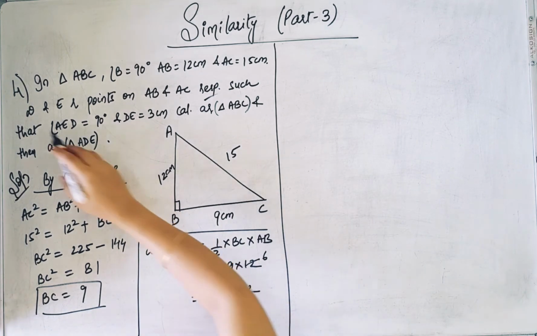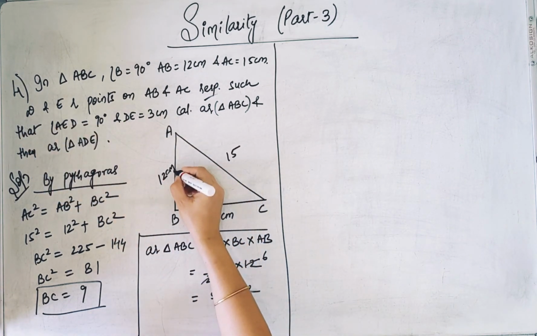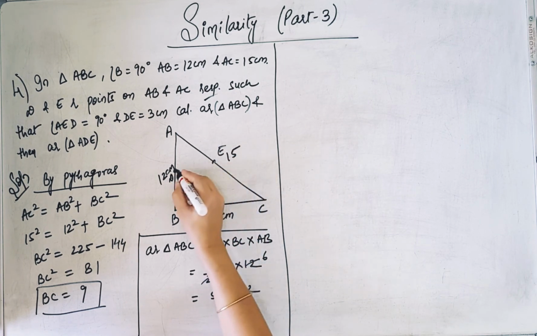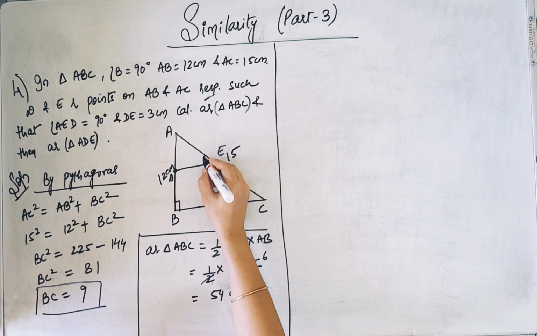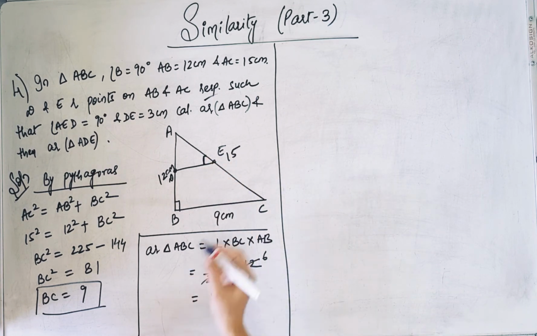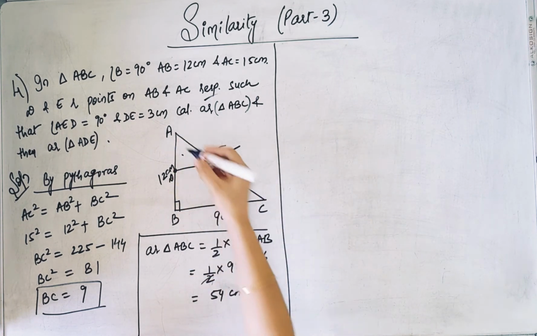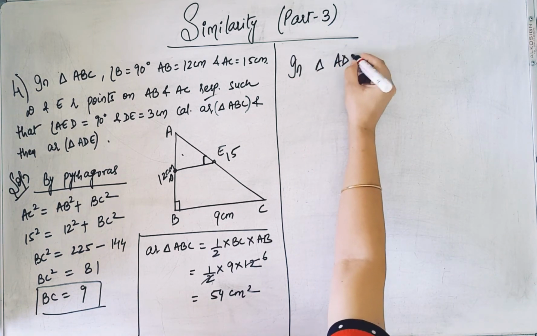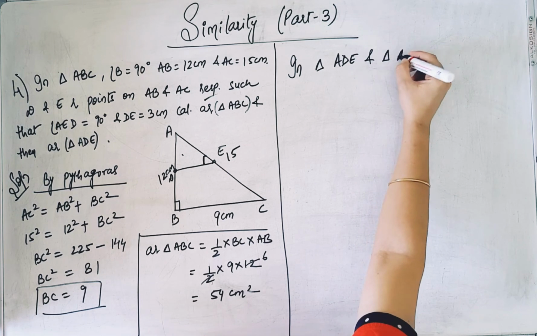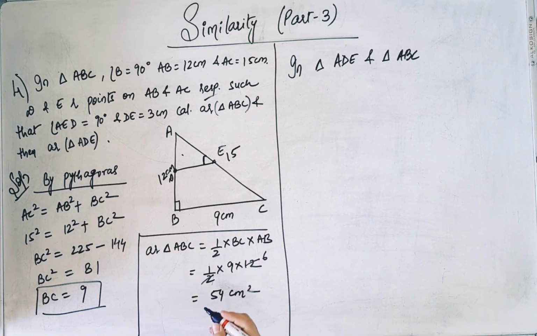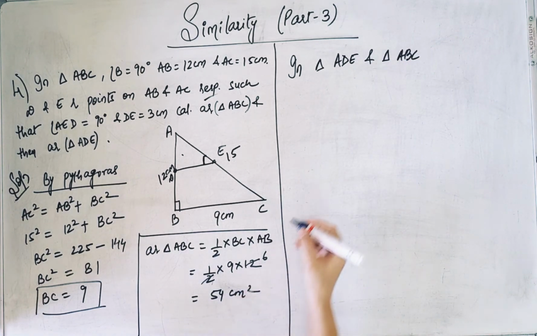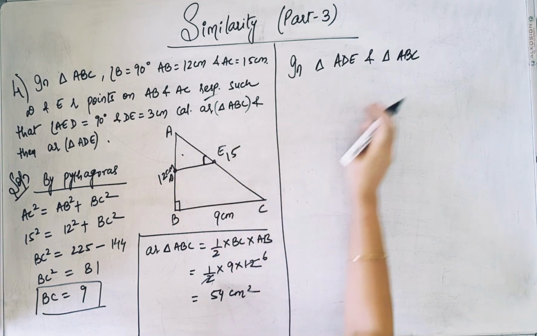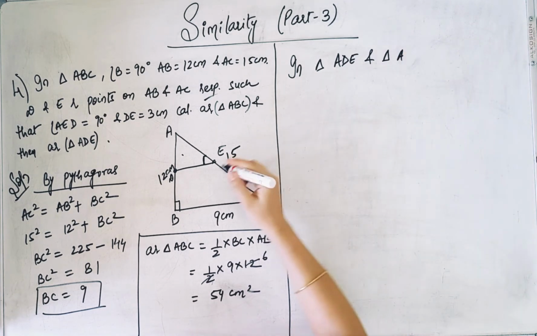Now what they have given? D and E are the points on AB and AC respectively, such that AED is 90 degrees. So what will we do? We'll make ADE and ABC similar. In triangle ADE and triangle ABC, we can make these two triangles similar. So what can we write? See, ADE and ABC will not work. Why? We have to match the sequence.